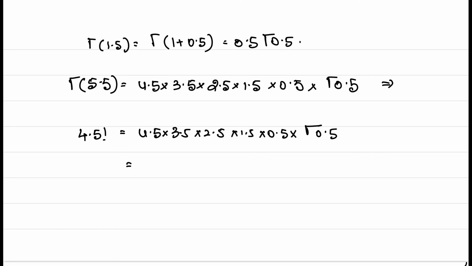Just calculate 4.5 into 3.5 into 2.5 into 1.5 into 0.5, that is 29.53125 into gamma 0.5.